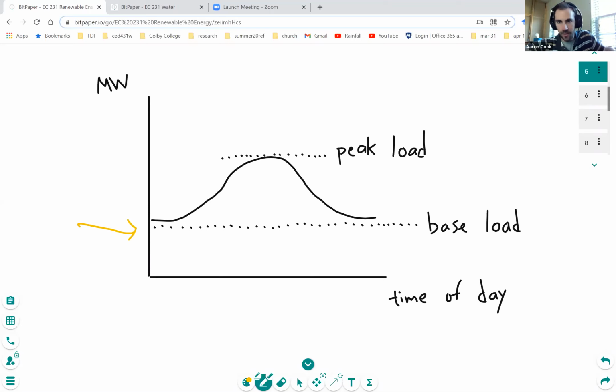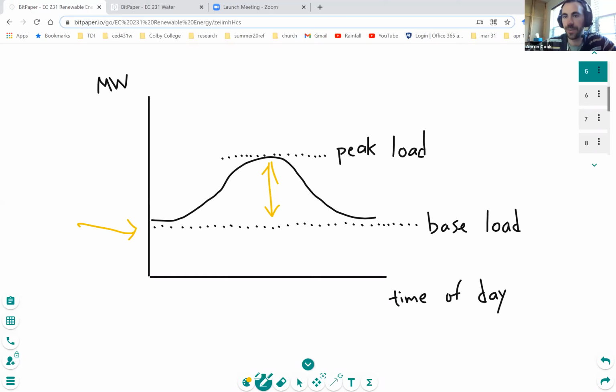We need to have a certain amount of electricity being produced continuously at all times of day in order to meet this base load demand, the minimum demand that needs to be met at any point during the day. But certain times of day have much higher electricity use than others. So you have to be able to not just meet base load, but also meet these peaks within the day, where you increase generation at particular times in order to match the increase in demand and meet the peak load, which is around midday.